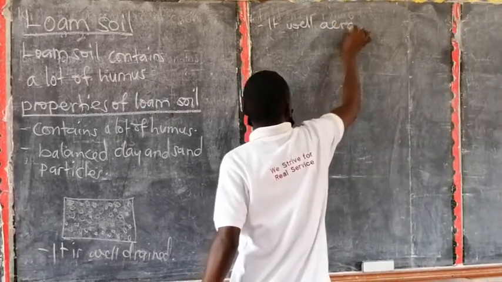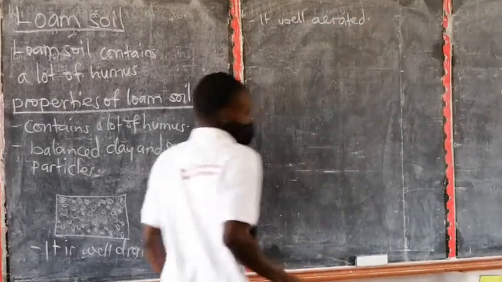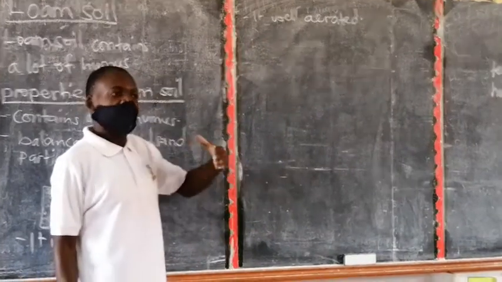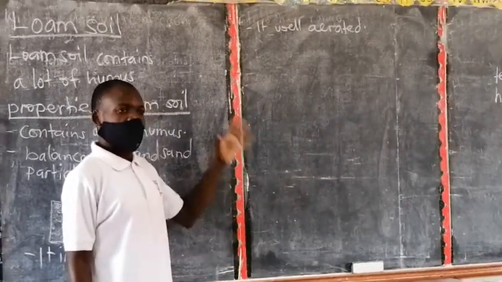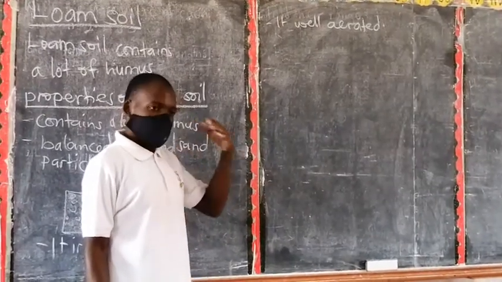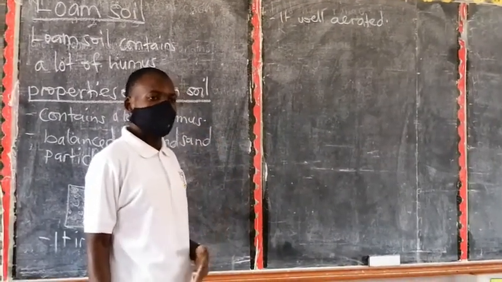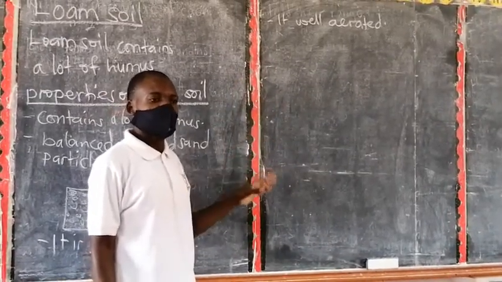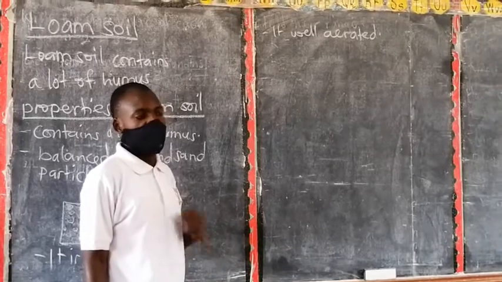Well aerated. When you talk about aeration, we look at the circulation of air in the soil. So when you look at loam soil, it is well aerated, meaning air can circulate through it very well because it has some living organisms that help in aeration.